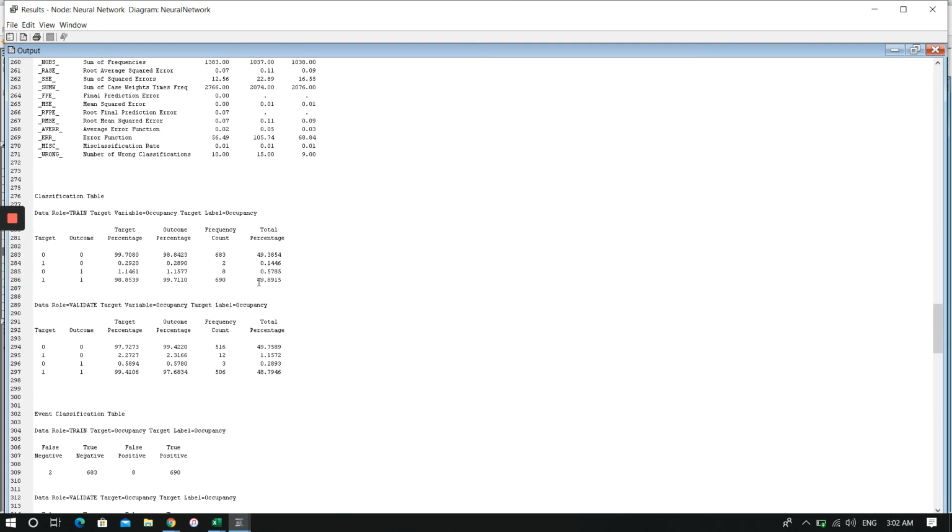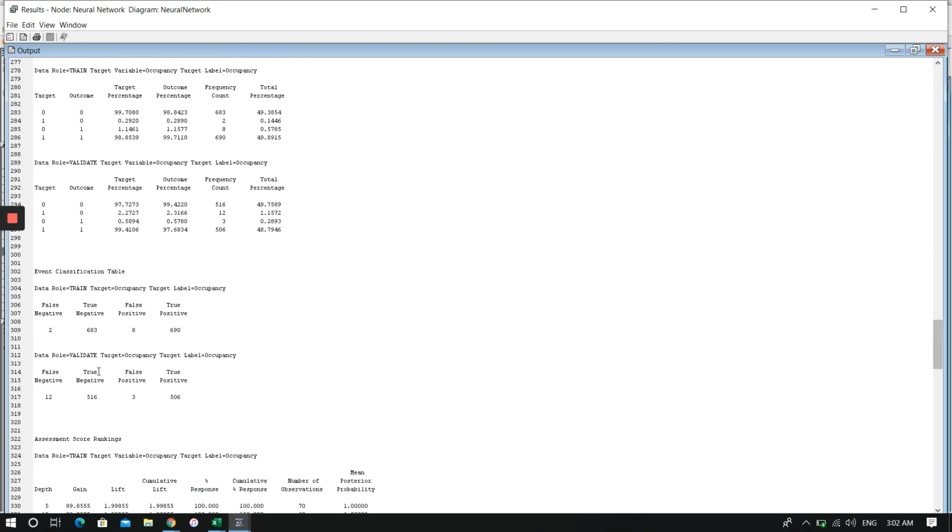Now let us see the confusion matrix. This is my confusion matrix. Generally, the more true positives and true negatives, and the fewer false positives and false negatives, the better the model. As we can see, our model is pretty good. It is predicting nearly all the true positives, many true negatives, and very few false negatives and false positives.